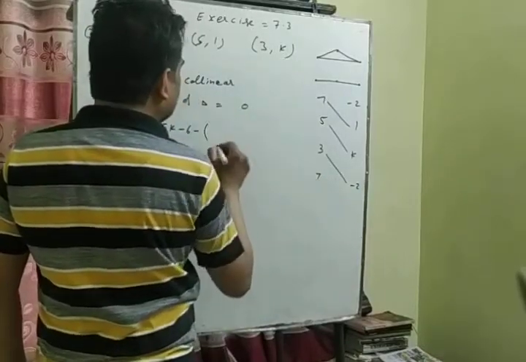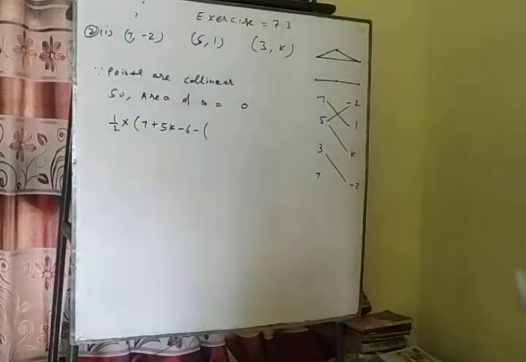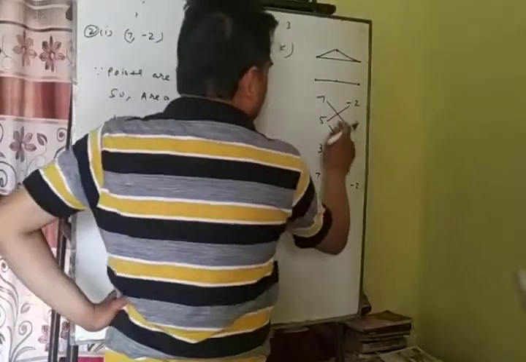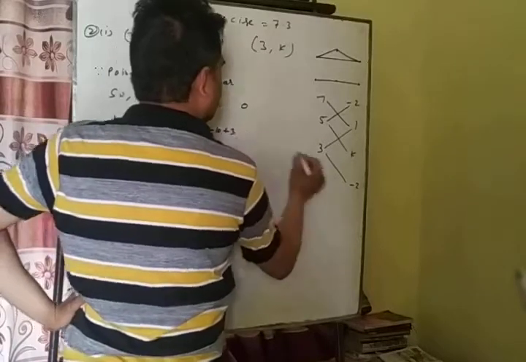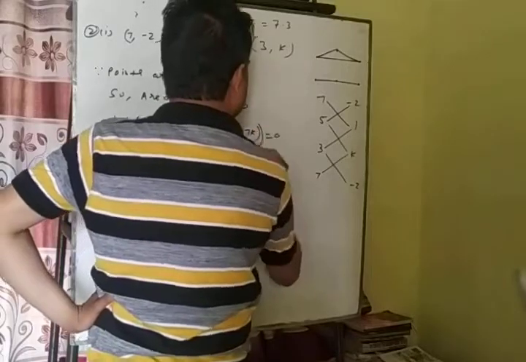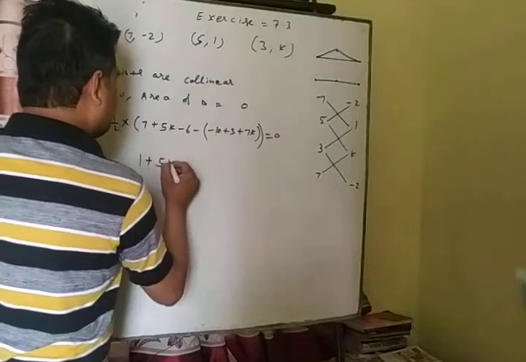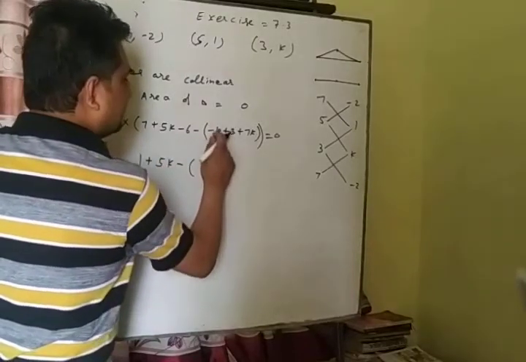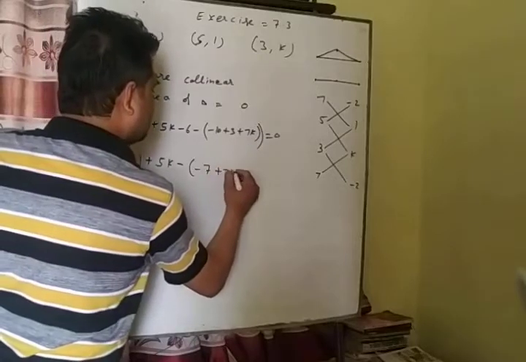After that the minus bracket starts: 5 into -2 is -10, 3 into 1 is 3, 7k. It is equal to 0: 7 minus 6 is 1, plus 5k, minus -10 plus 3, that is -7 plus 7k.